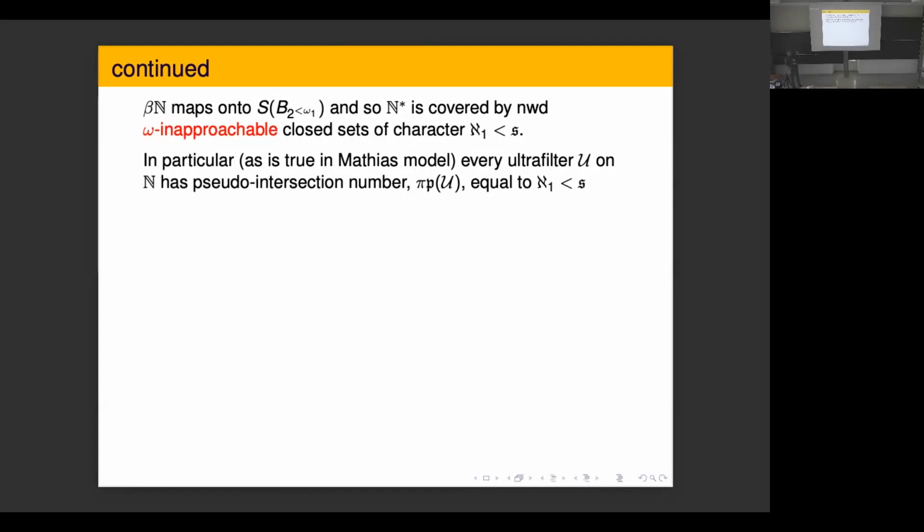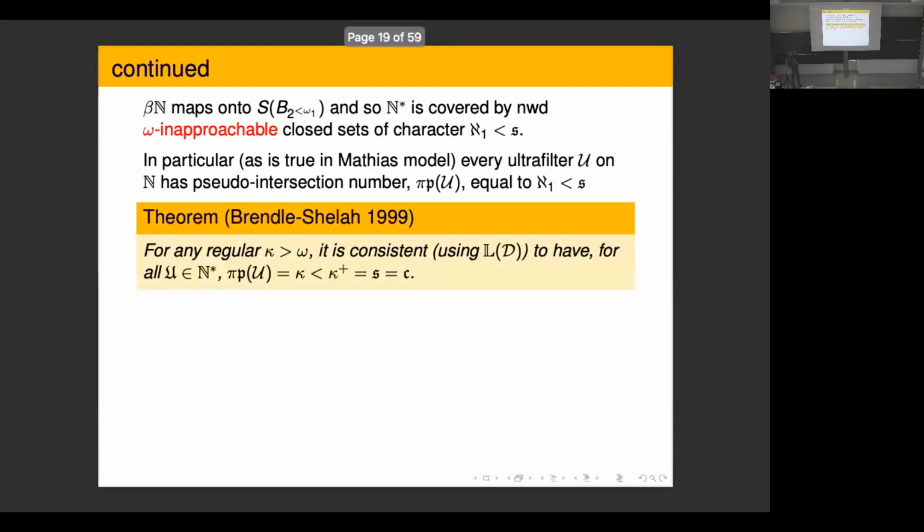Now that had already been done by Brendle and Shelah. They had a paper in the Transactions where they were studying this. So they proved this, right? Using the Laver forcing, you strategically choose or construct usually a selective ultrafilter, and you shoot a pseudo-intersection.